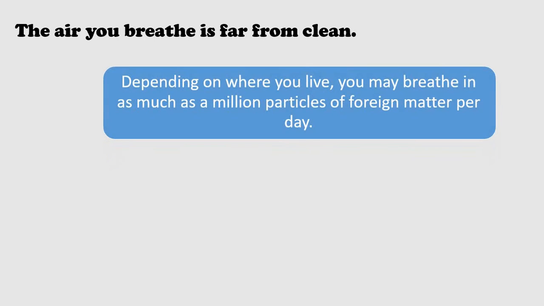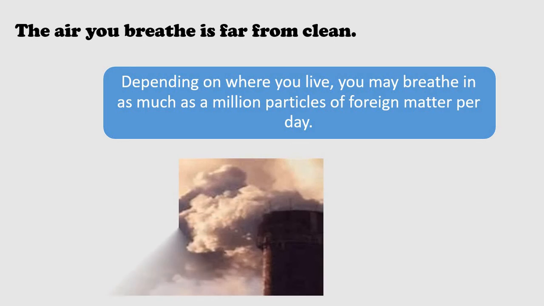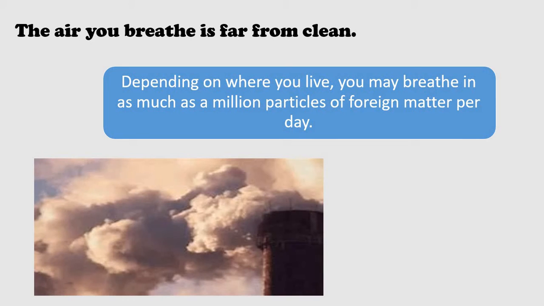You can easily guess that the air you breathe is far from clean. Depending on where you live, you may breathe in as much as 1 million particles of foreign matter per day, because of the pollution surrounding us.